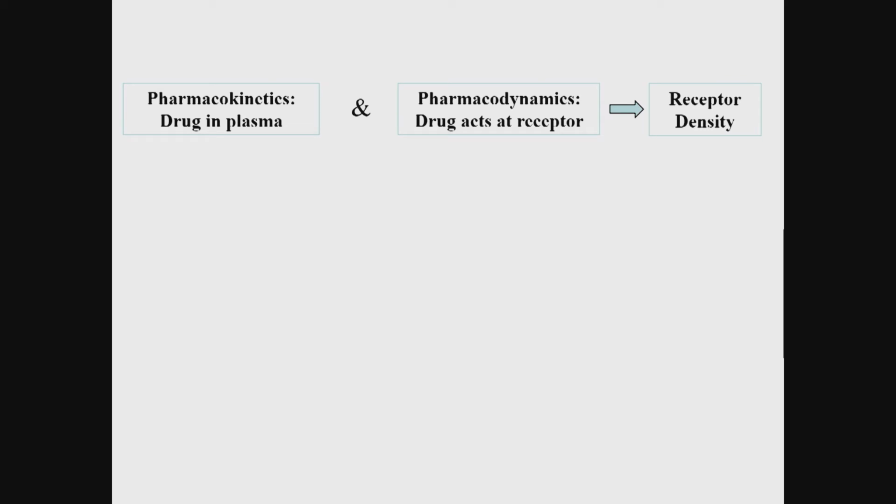Okay, so pharmacokinetics, as I mentioned, is the study of the drug in plasma. And that is often distinguished from pharmacodynamics, which is like the effects that the drug has after it binds to the receptor. So the dynamic effect of a drug to lower blood pressure, what effect did it have on blood pressure?